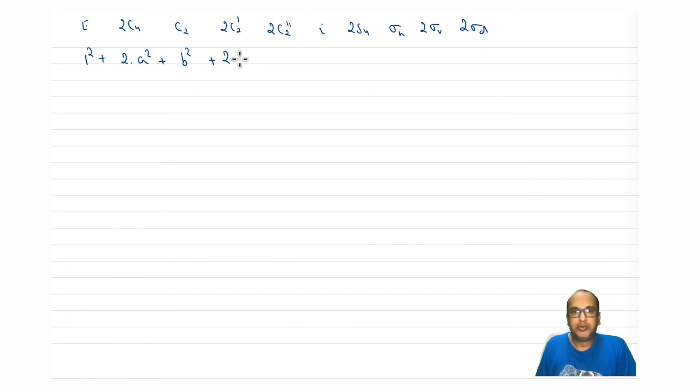Plus 2C square, plus 2D square, plus E square, plus 2F square, plus G square, plus 2H square, plus 2I square, right? This should be equal to 16.